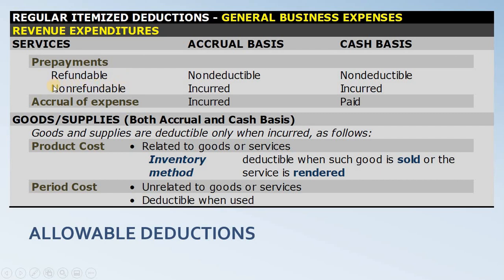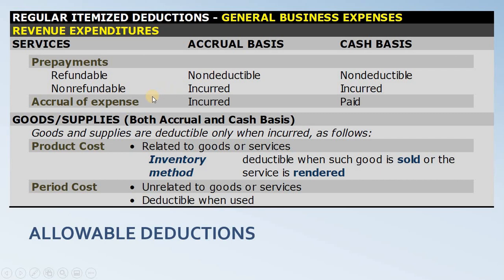However, non-refundable prepayments are deductible for tax purposes under both accrual basis and cash basis. So regardless whether the accounting method is accrual or cash basis, non-refundable prepayments are only deductible from gross income if it is incurred.